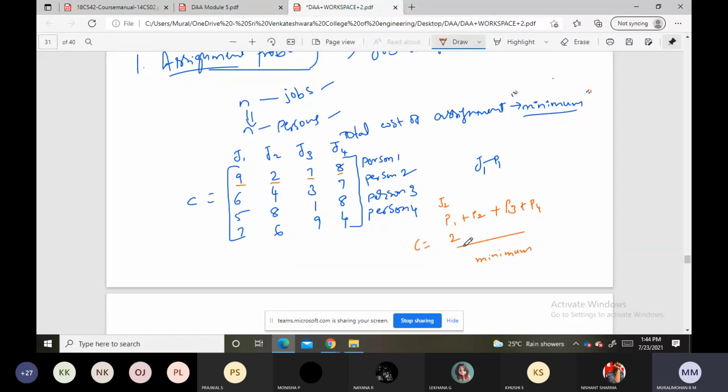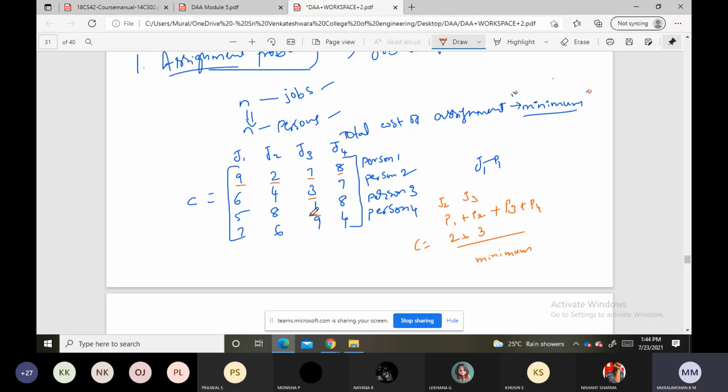Similarly, for person 2, I will assign job 3 because it is the minimum out of this. So for person 2, I will assign job 3, so the cost of assignment is only 3. Next for person 3, you cannot assign this one.